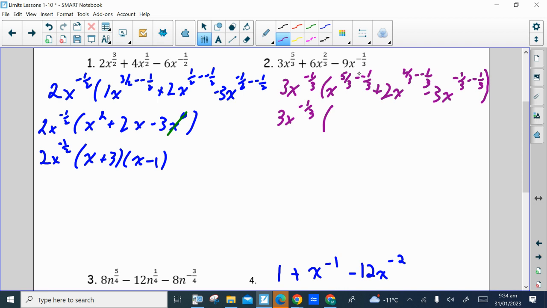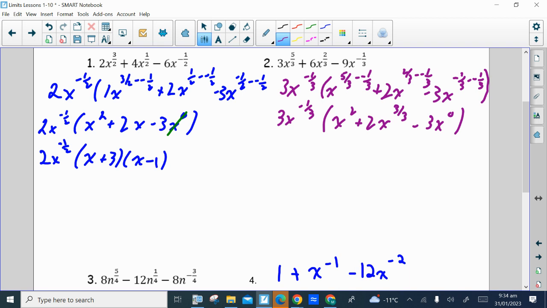5/3 take away negative 1/3 becomes 5/3 plus 1/3, which is 6/3, or 2. 2/3 take away negative 1/3. The minus minus becomes a plus positive. You'll get x to the 3/3, which is just 1. And the last one, negative 1/3 plus 1/3 is 0.